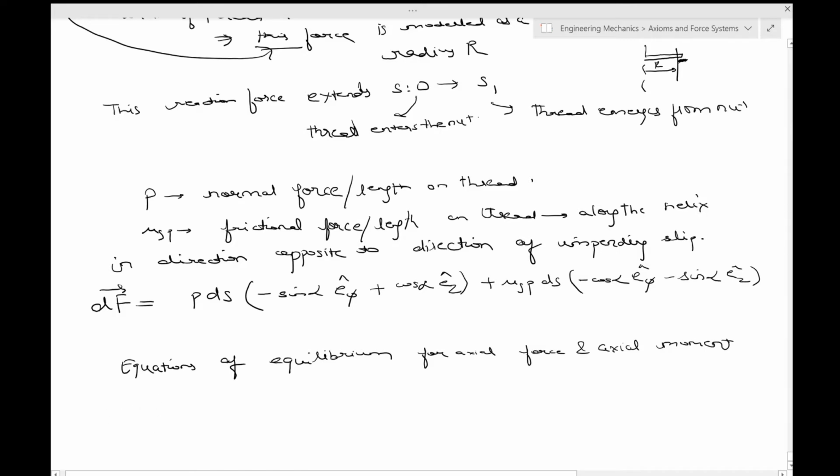From 0 to S1, P cos alpha minus mu s P sin alpha ds, and this would be r times the same, so it will be P sin alpha plus mu s P cos alpha ds.